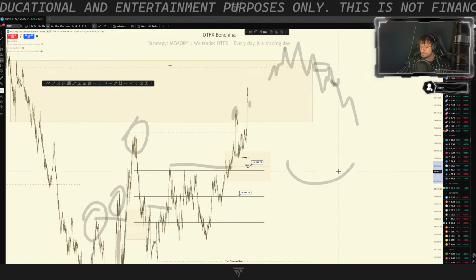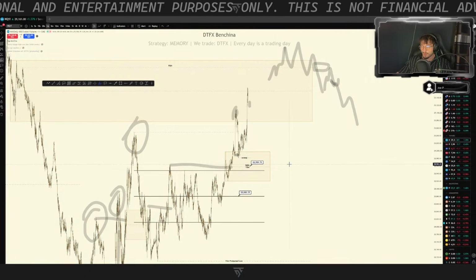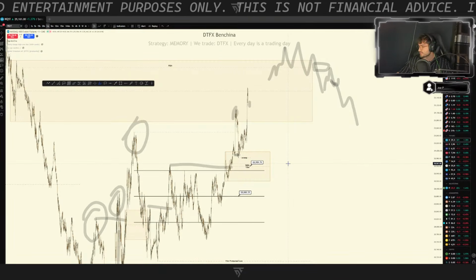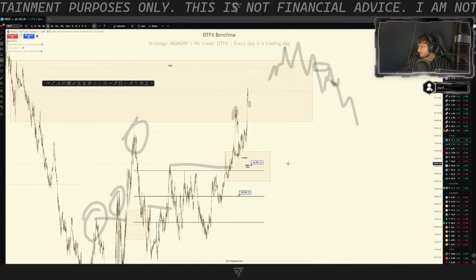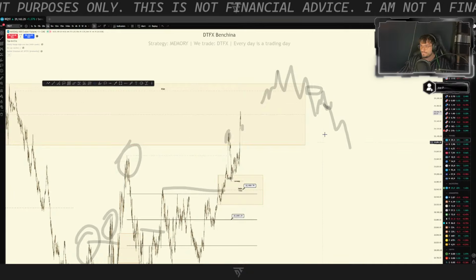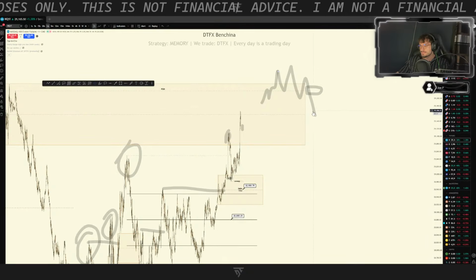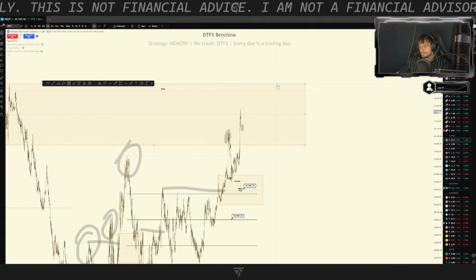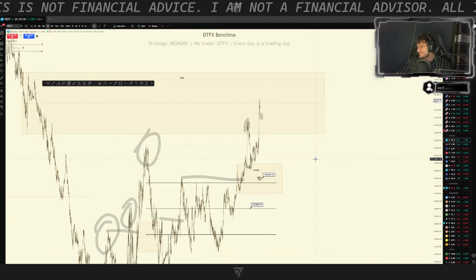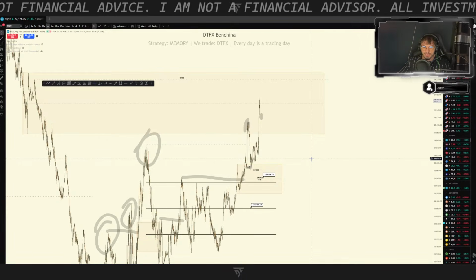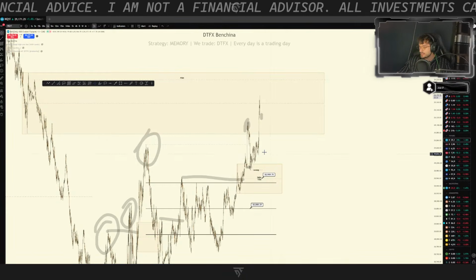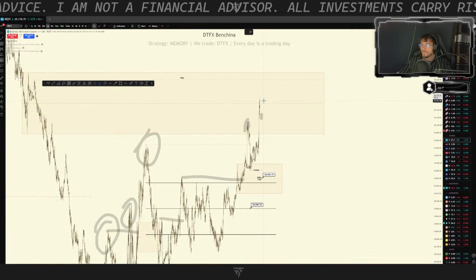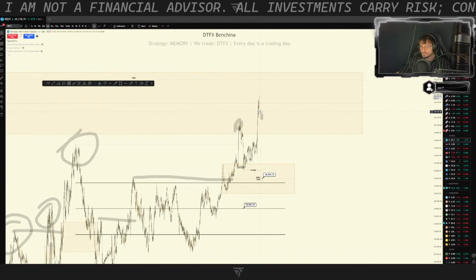I always have a target with shorting, and longing, so you don't understand me incorrectly. You always need to have a target. Always have a target before you go into a trade.